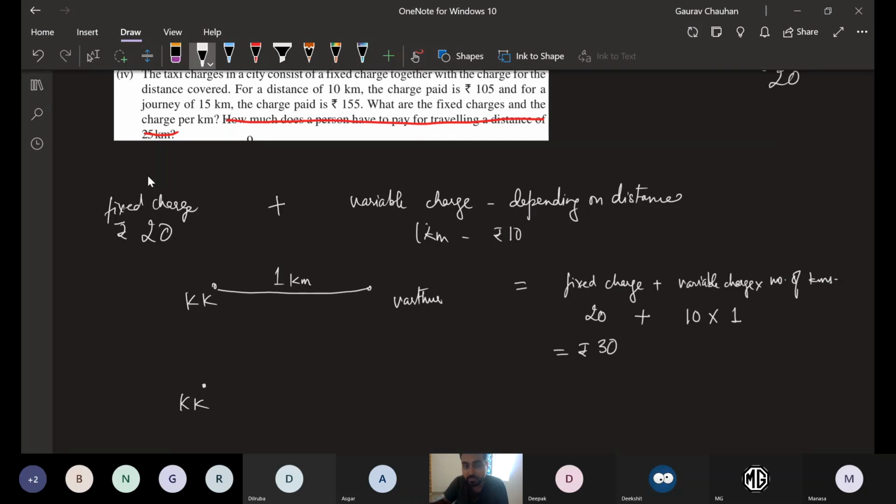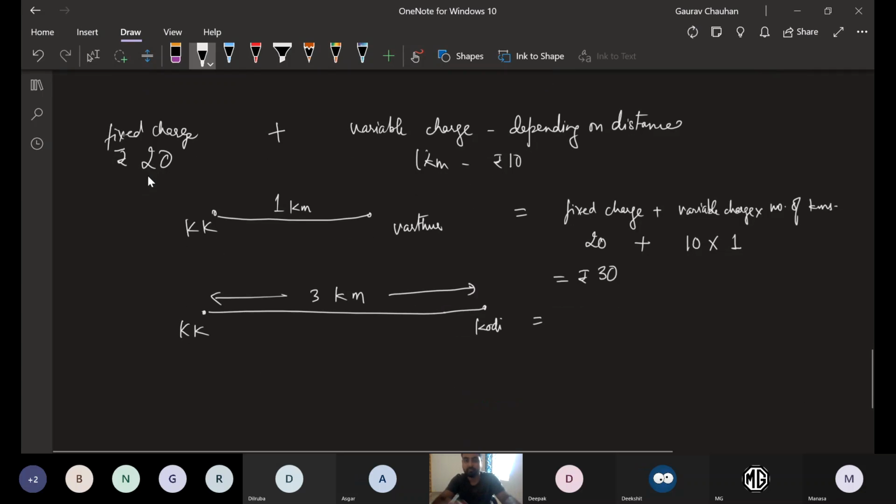You are going from KK school to Kodi. This is 3 kilometers. Anyone idea how much you will have to pay? How much will the fare be for this? Raise your hands if you want to answer. Let's hear it from Kishan.